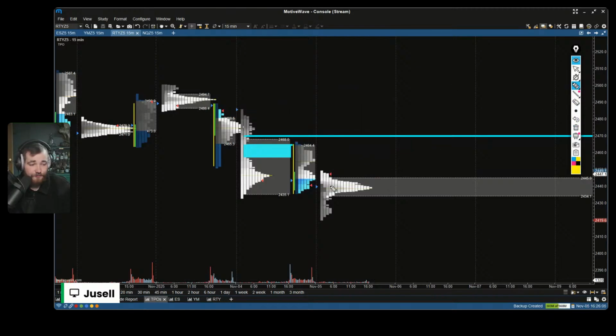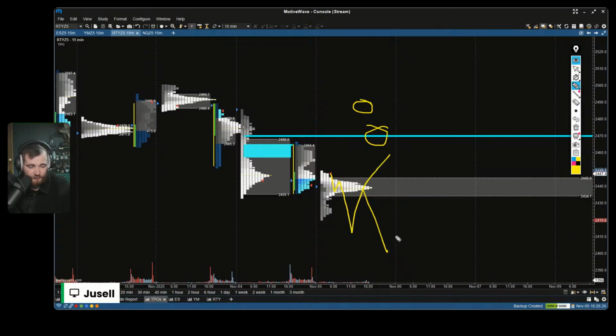Let's draw scenario two. Scenario two is that we just drop straight down, run the low, move back to value, and here we have a choice. Either we are going to take these magnets as well after running this low, or we're just going to trend down.